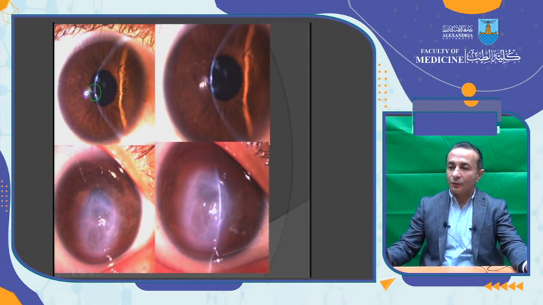There is also opacification of the central part of the cornea. This is a case of acute hydrops resulting from breaks in Descemet membrane, leading to aqueous humor or some fluid in the stroma, resulting in this edematous part of the cornea.